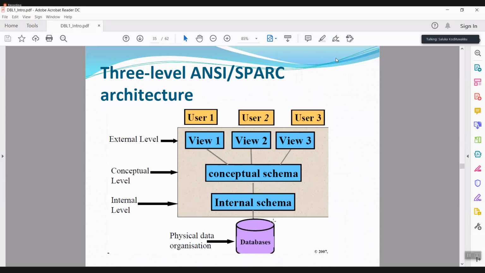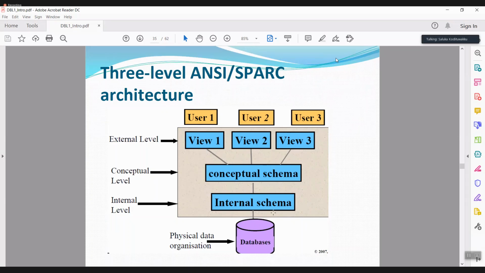Now assume that data is stored on this physical disk, and the internal level consists of that disk and the internal schema. The internal schema describes what kind of storage media is used, that means tape, disk, compact disk, or whatever it is, plus what the access mechanisms are, that is sequential and random, or sequential only, and so on.